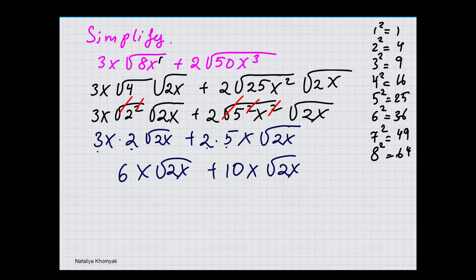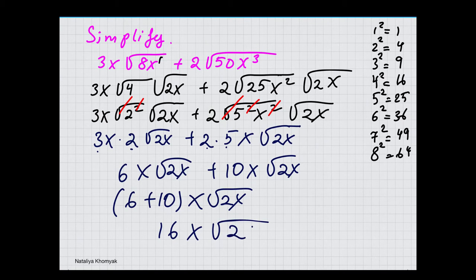Now we can combine like terms. We have 6 plus 10 of x radical 2x, and we'll get 16x radical of 2x. And this is our solution.